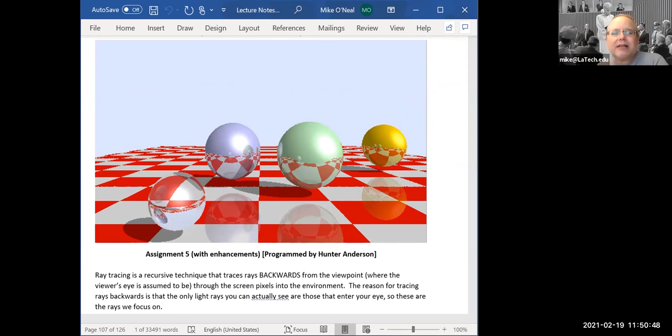Every time you hit a surface, it doesn't matter if it's the checkerboard or the sphere, you create a ray that goes from that surface point to the light source.